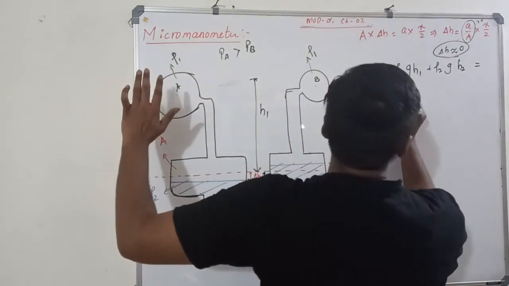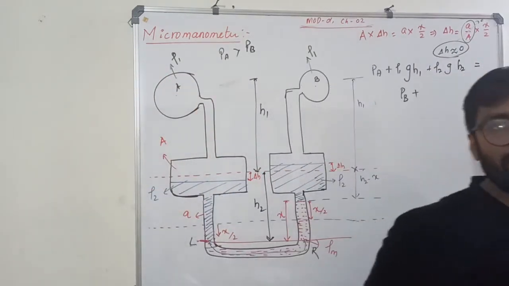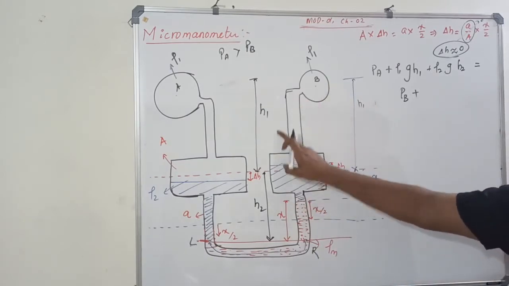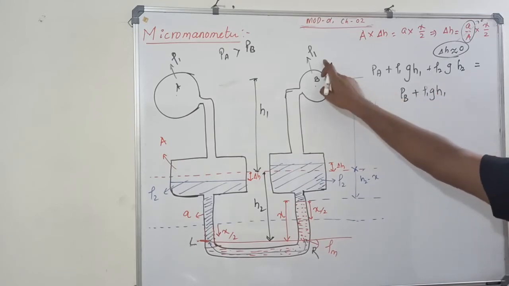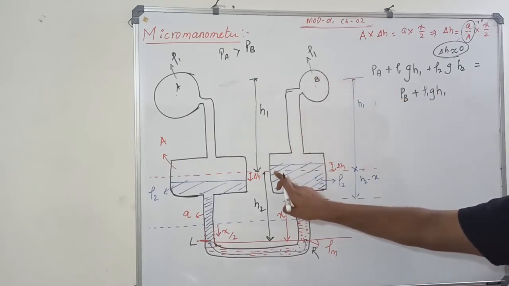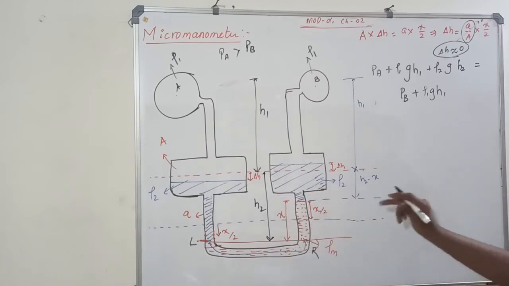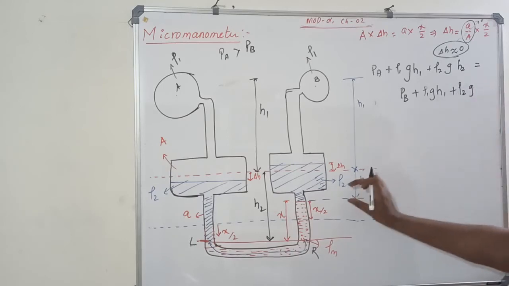Is equal to, go to the right hand side. Right hand side what you have? Sir, we have PB. We have PB plus up to this we have rho 1 G H1. Okay, from here what you have? You have different liquid. What is that? Rho 2. Rho 2 G. What is this depth?